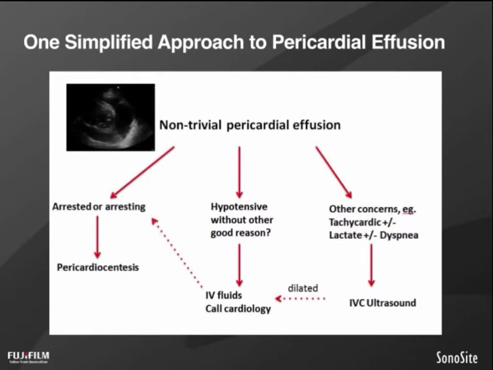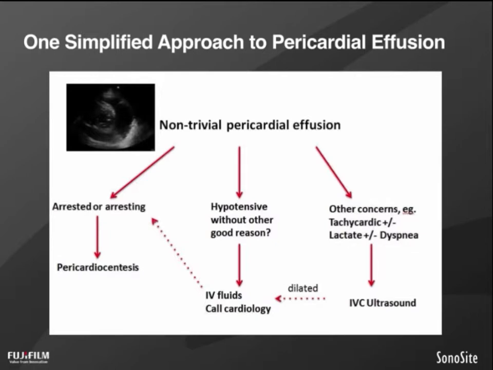And those patients, I'm going to show you shortly, will really benefit also from an IVC ultrasound. An IVC ultrasound is helpful as one cannot have pericardial tamponade without having a dilated IVC. It just simply can't happen unless it's a regional effusion in a post-cardiac surgical patient, but we aren't talking about those patients. So if the IVC ultrasound shows a normal IVC that has respiratory variation, you can dismiss concerns of tamponade.